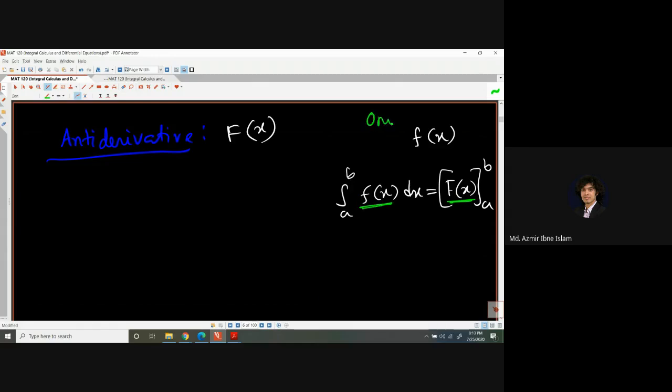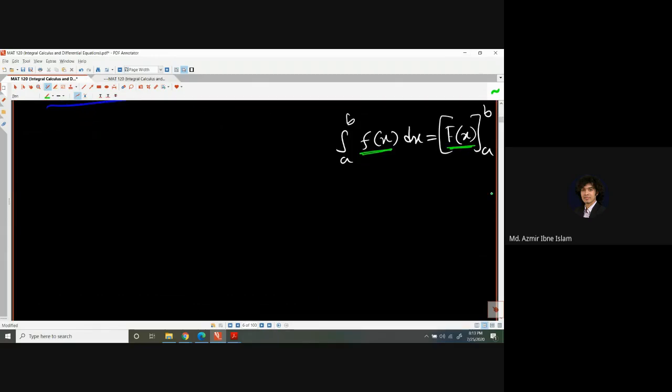Let's say this is the original function. The relation is, if we differentiate the antiderivative, that is capital F of x, then we will get back the original function, small f of x.